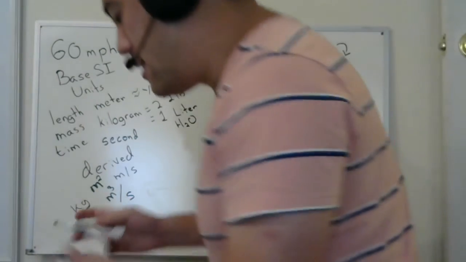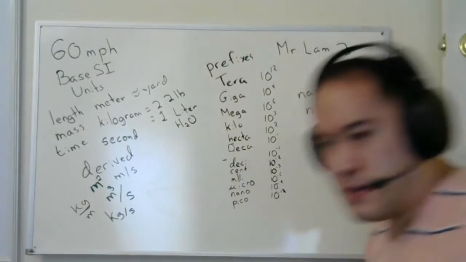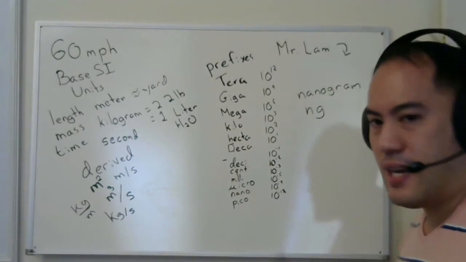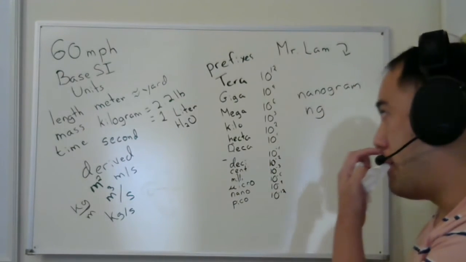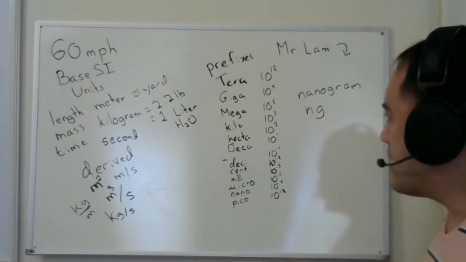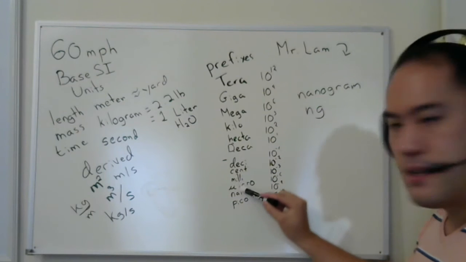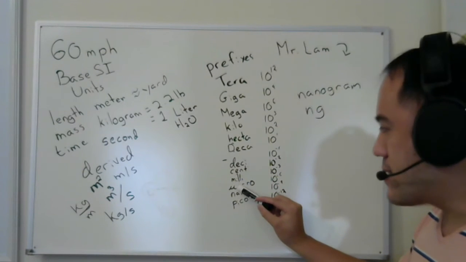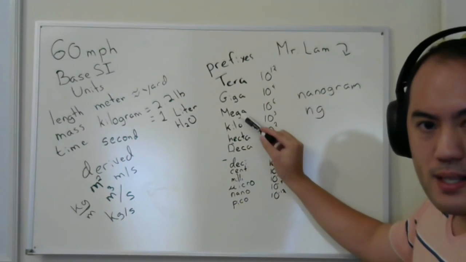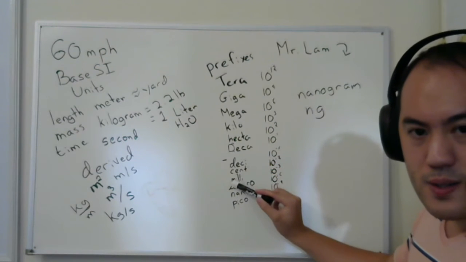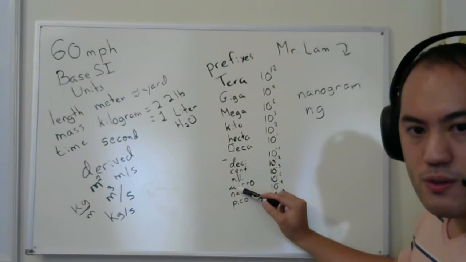And these are great. You don't have to memorize them. Whenever you take tests, you would have a list of these if you needed them. But if you want to remember them, here's a nice mnemonic. T, G, M, K, H, D, D, C, M. This is a mu, I guess, because capital M is taken and lowercase m is taken. They use the Greek M, a mu, for micro.